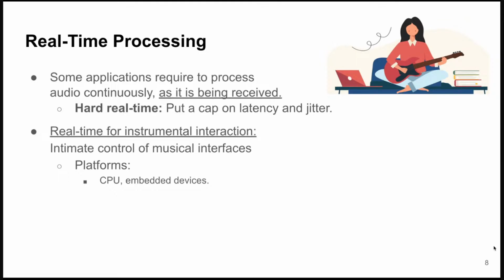Because of that, you have a cap on how much latency and jitter is acceptable. If you're playing a musical instrument like guitar, or you're singing or drumming, then in order to have that tight feedback loop between what you're playing and what you're hearing, you need pretty low latency and very low jitter.